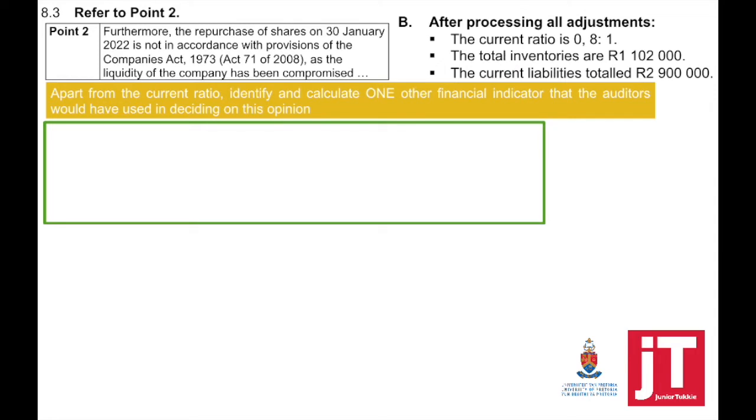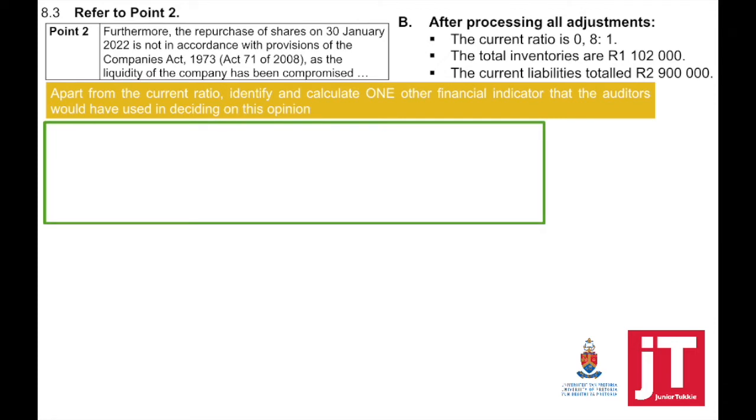They provided the current ratio. They provided the total inventories. The asset test ratio is your current assets minus inventories, or your trade and other receivables plus cash and cash equivalents, divided by the current liabilities.